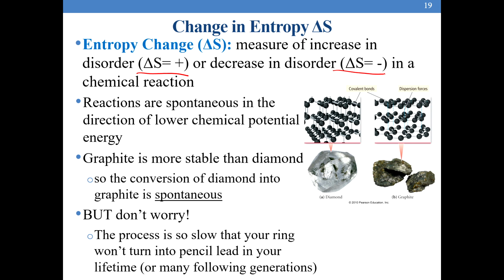Okay, here's an example of graphite. Interestingly, graphite, that's like your boring, ugly image here on the lower right. Graphite is more stable than diamond, although both of them are made of carbon. It is spontaneous for diamond to change into graphite.